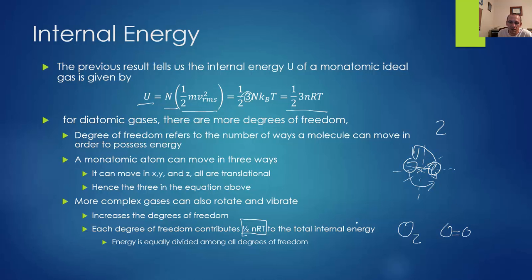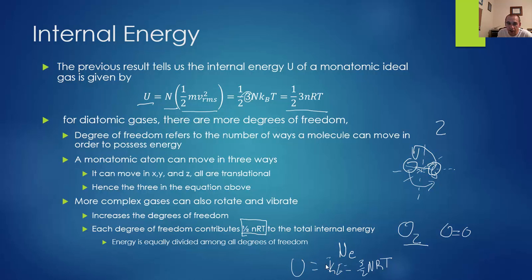If we consider something like neon, which is a monatomic gas, at a certain temperature, its kinetic energy is 3/2 nRT. If we had exactly the same amount of O2, the same number of particles, at exactly the same temperature, it actually has more internal energy.